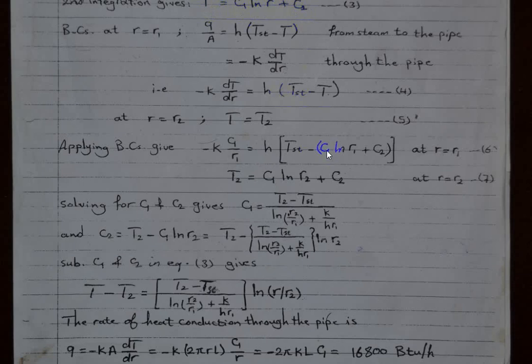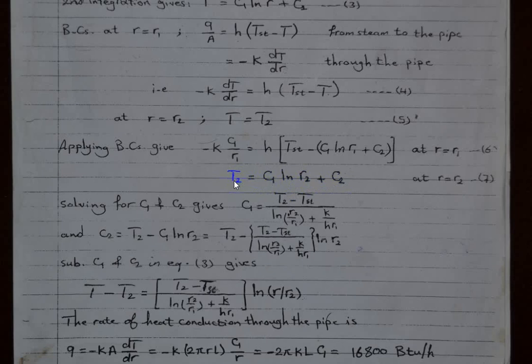So T is actually indicating C1 ln R1 plus C2, as you can see at R equals R1 and at R equals R2. T2 equals C1 ln R2 plus C2. We have T2 here at the outer surface of the pipe through which the steam is flowing.